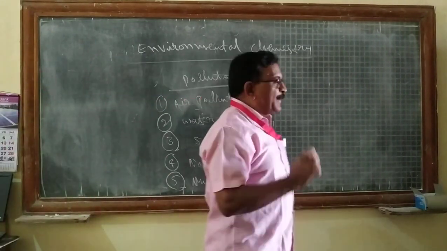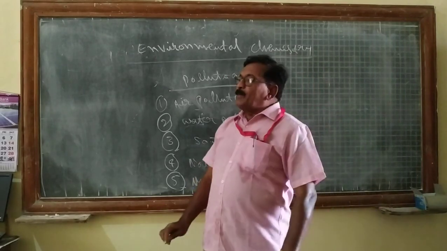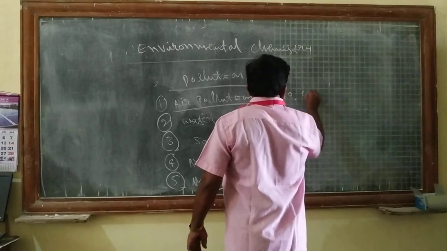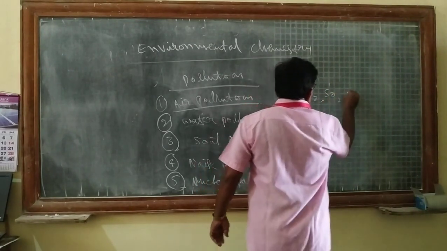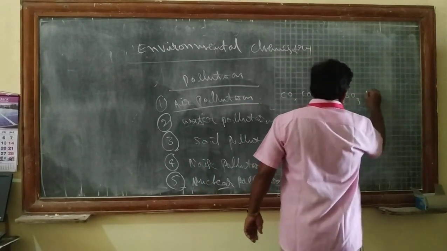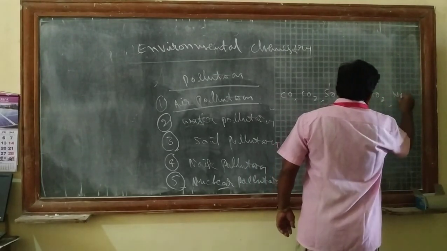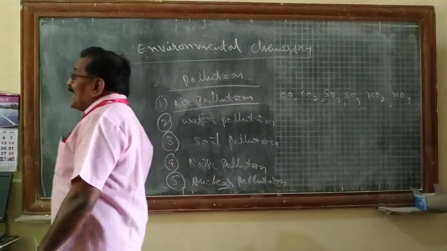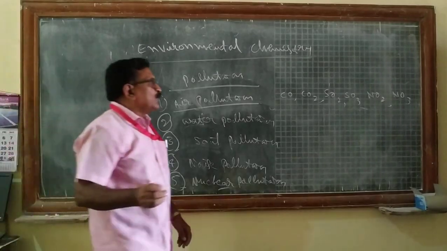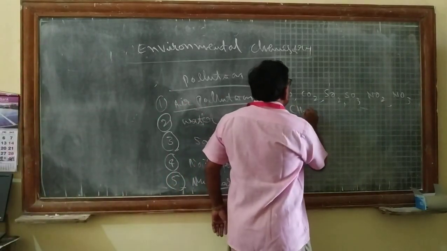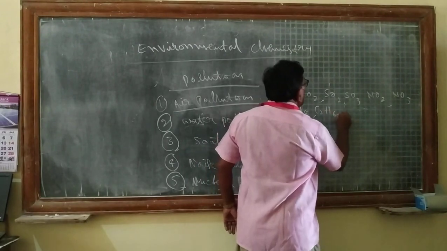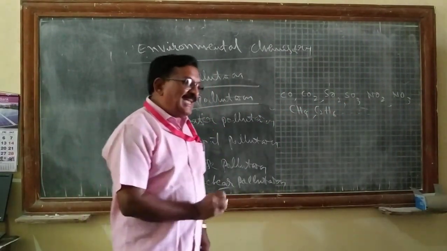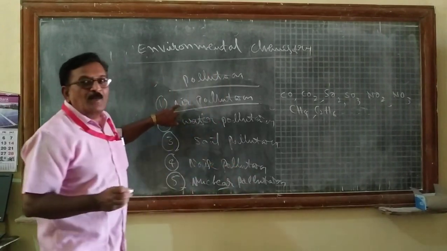The first one is air pollution. What does air pollution mean? Different gases like carbon monoxide, carbon dioxide, sulfur dioxide, nitrogen dioxide, as well as hydrocarbons. Hydrocarbons, for example methane and ethane, occur in the atmosphere and cause air pollution.